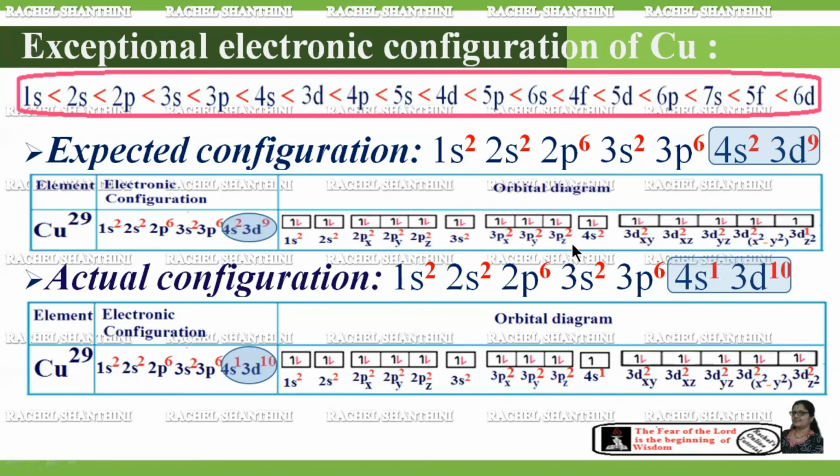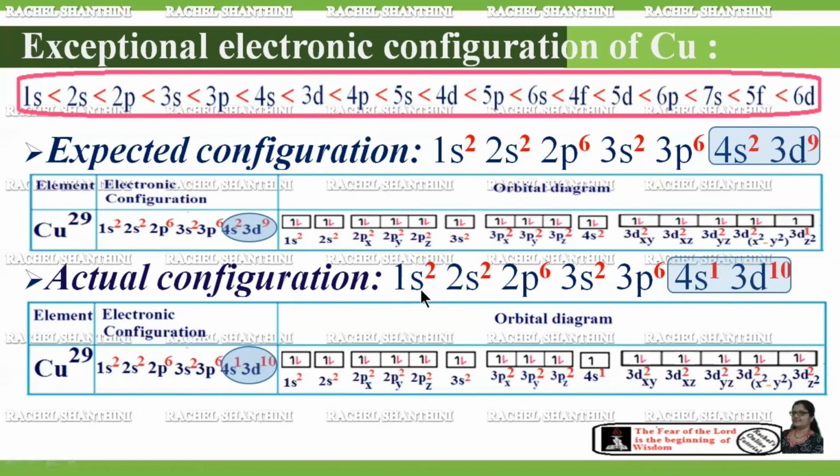But it is entirely different from the actual configuration. Now let us see the actual configuration of copper atomic number 29. What is the actual configuration? Instead of 4s2 and 3d9, the actual configuration is 4s1 and 3d10.